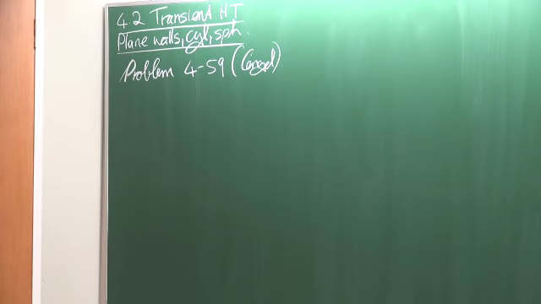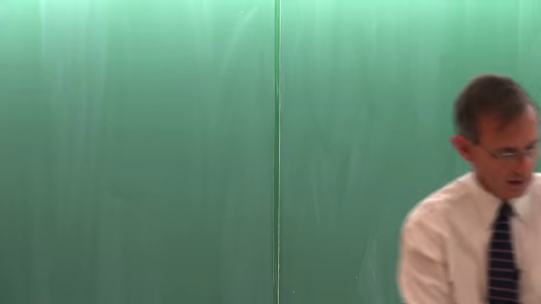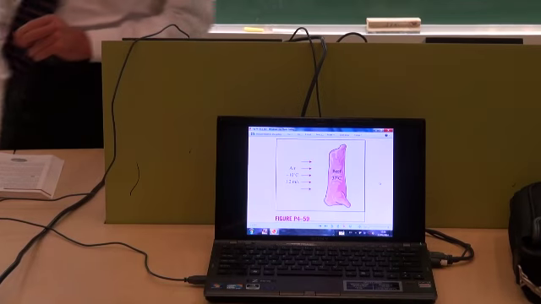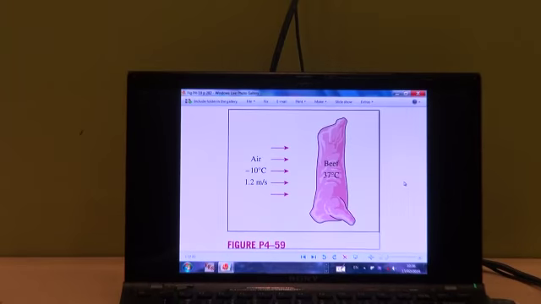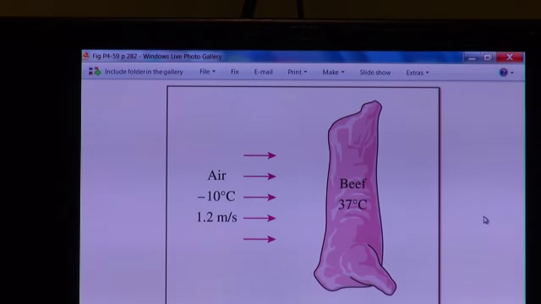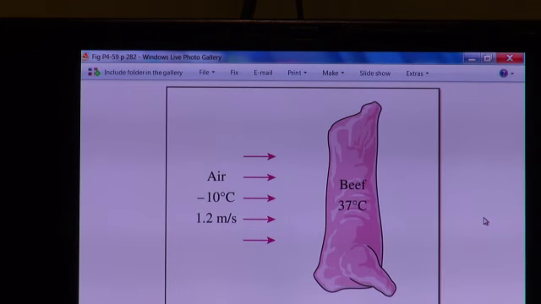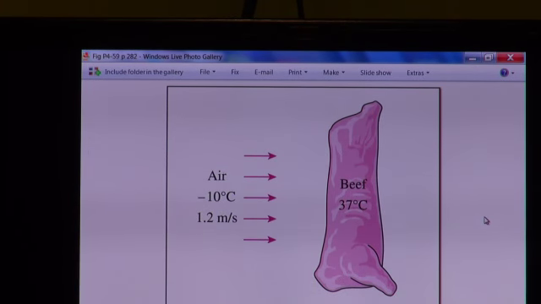Okay, and this problem says the following. It says a 65 kilogram beef carcass, there it is. So Aaron, if you can zoom on it quickly while I read the problem. So a 65 kilogram beef carcass, it's given the k value of 0.47, alpha is given, is initially at a uniform temperature of 37 degrees Celsius. It is to be cooled by refrigerated air at minus 10 degrees Celsius, flowing at a velocity of 1.2 meters per second.